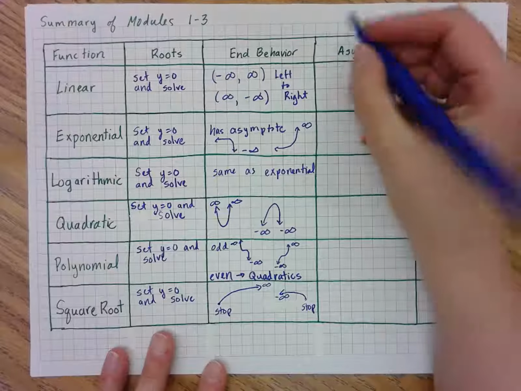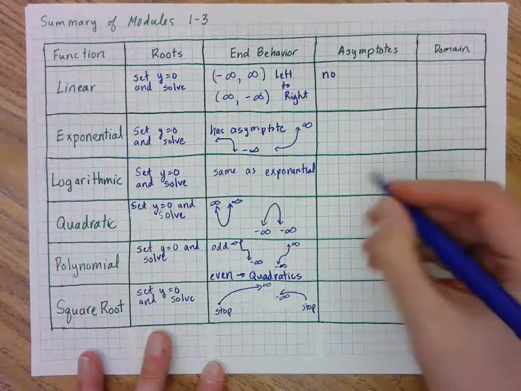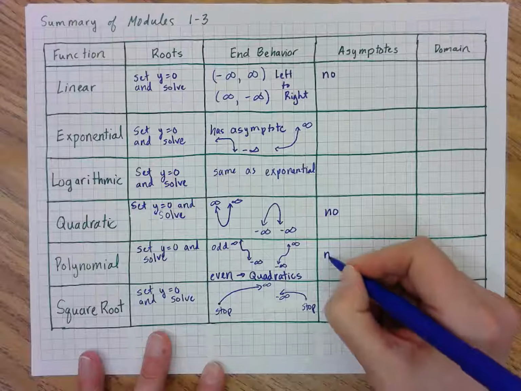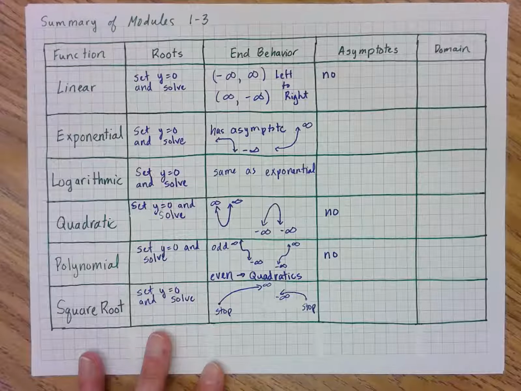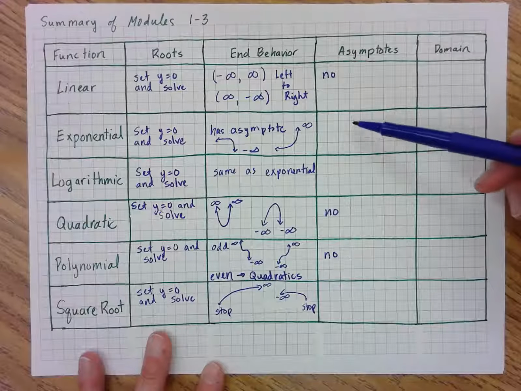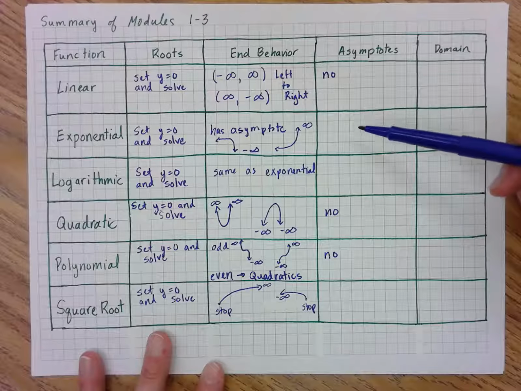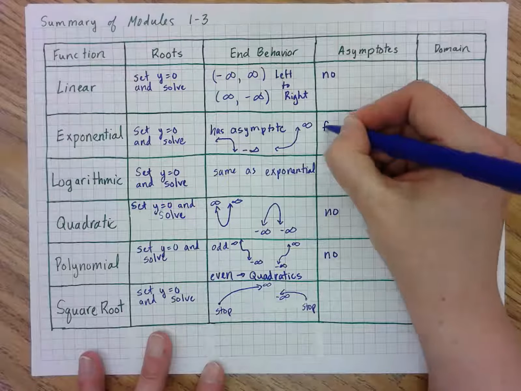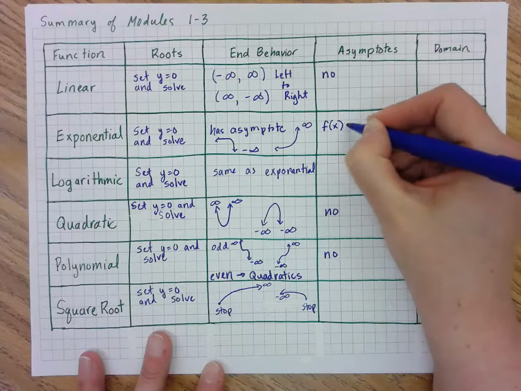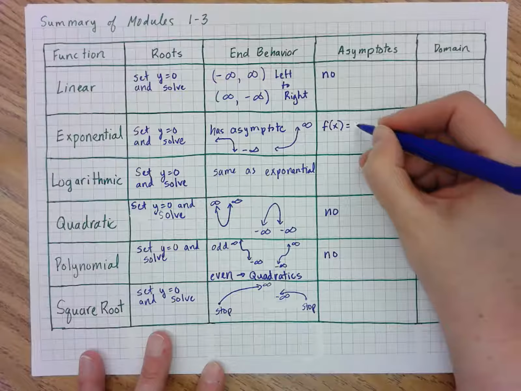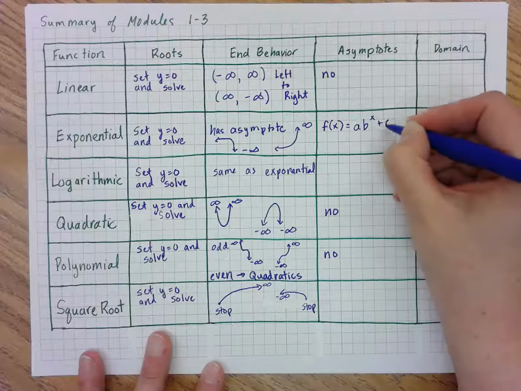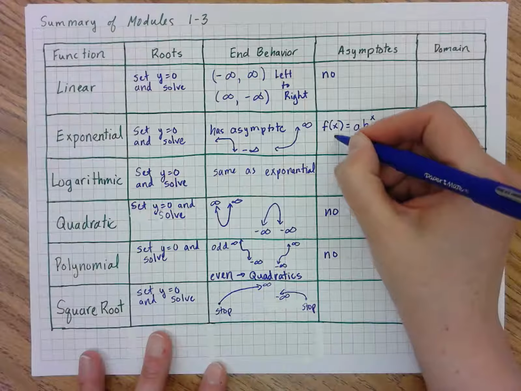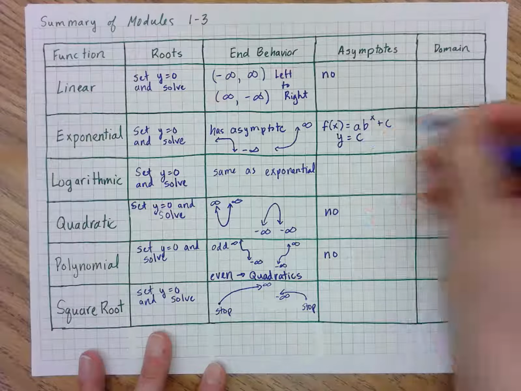the linear functions have no asymptotes. Neither do quadratics, neither do polynomial. However, we do know that exponential has an asymptote, and we didn't necessarily talk about it that much in Math 1, but we know from our experience now with logarithmic functions, that if I have f of x equals a b to the x plus c, that my asymptote is going to be y equals c.